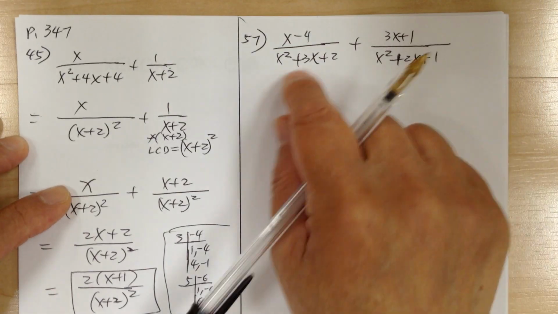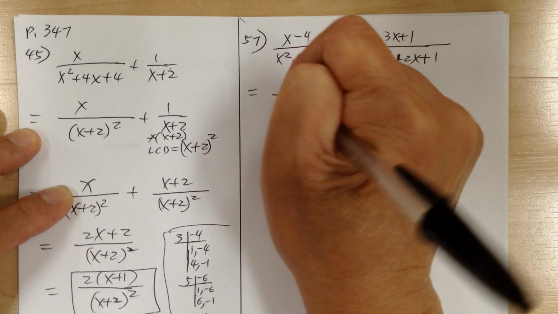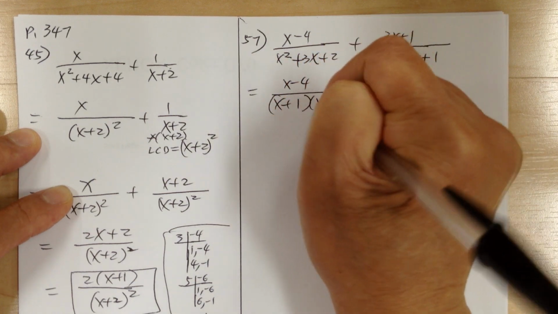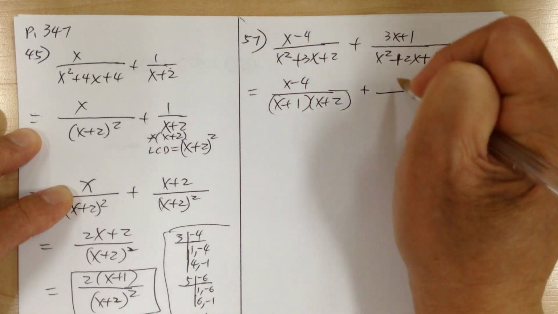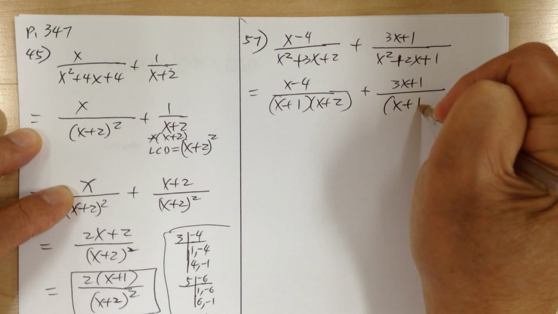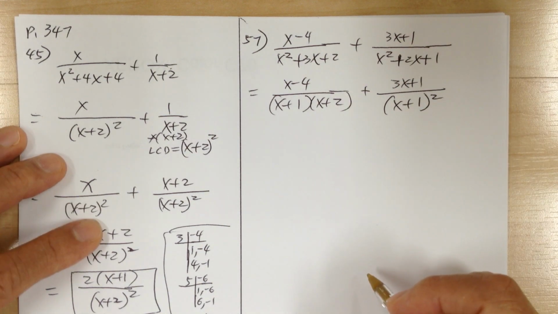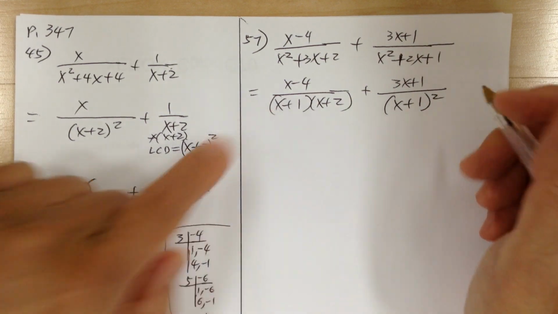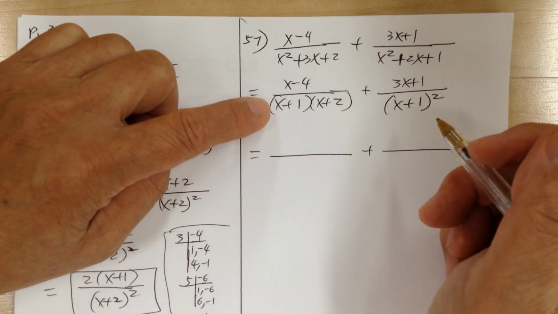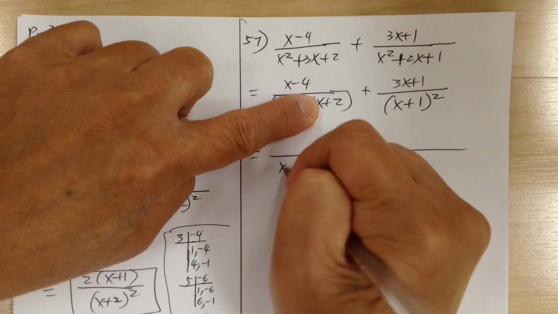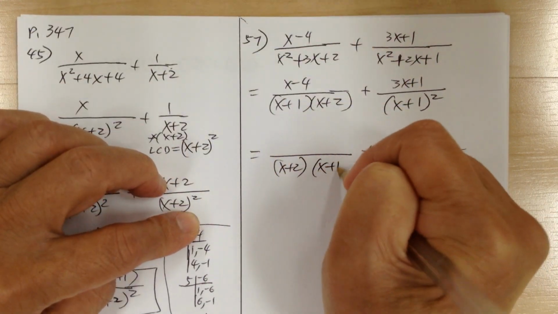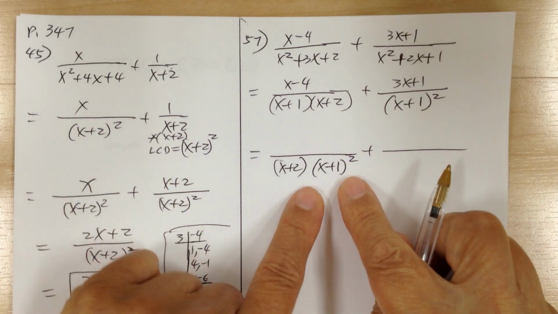Okay, so let's go ahead and factor everything. It will be x plus 1, x plus 2. This one would be x plus 1 squared. Okay, so your LCD is going to be this group and this group squared.